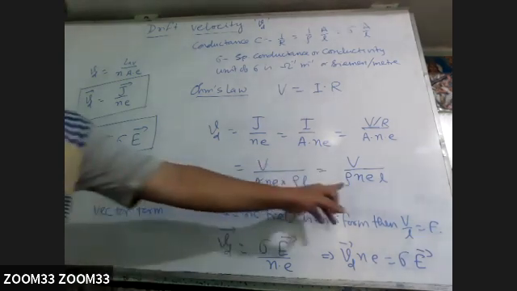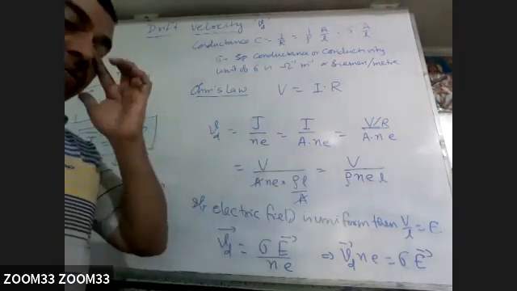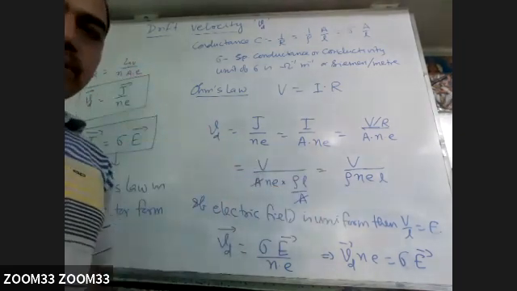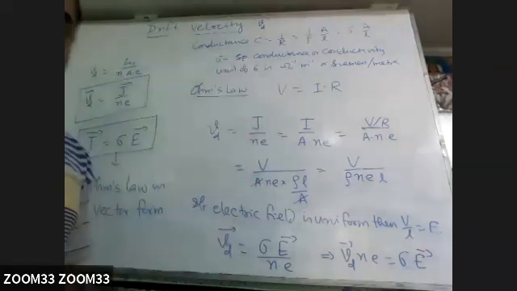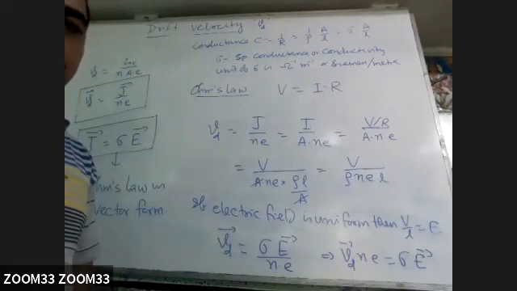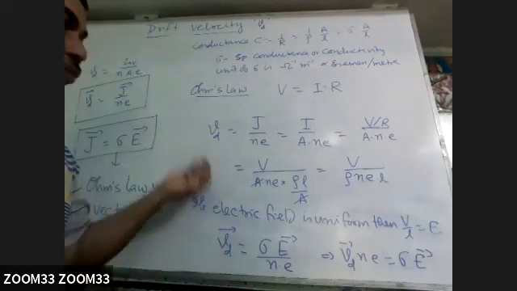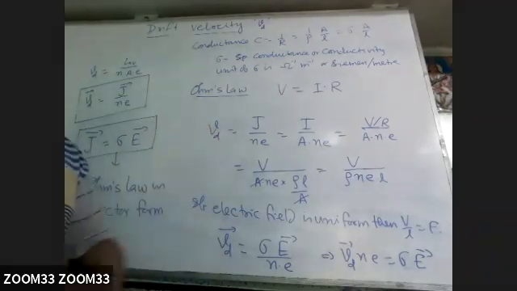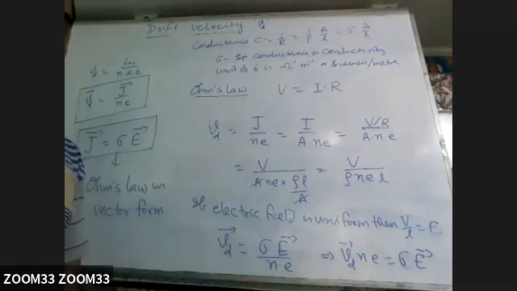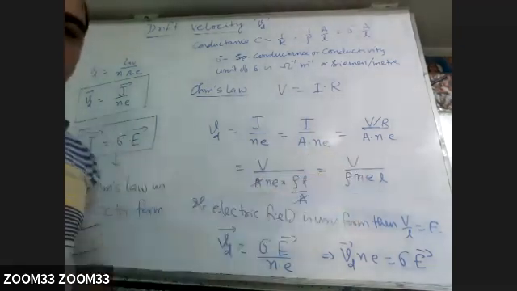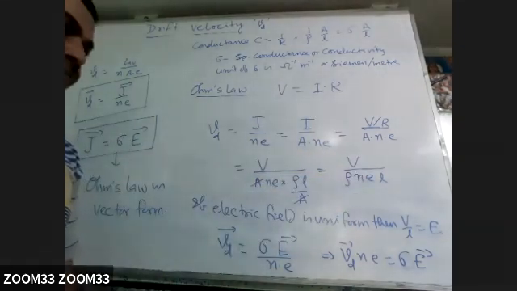So based on this, one frequent question is asked: what will be the effect on drift velocity when the potential difference across the wire is doubled without changing its length? Or what will happen to the drift velocity if its length is doubled without changing the potential difference or the source? Then from here only we will come to know what is happening.